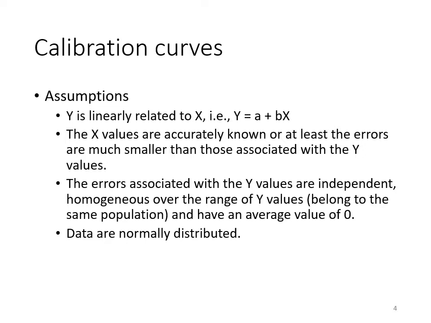We're assuming that that range of y values belongs to the same population. And those errors have an average value of 0. So that means that there's no positive or negative skewing in that error. They're random errors, and that the data are normally distributed.